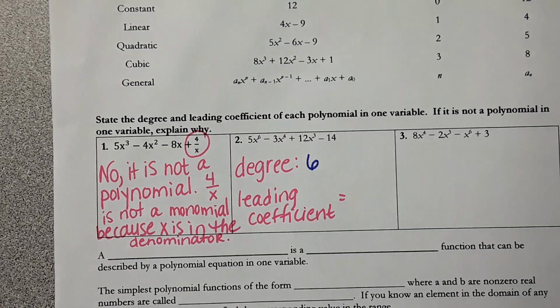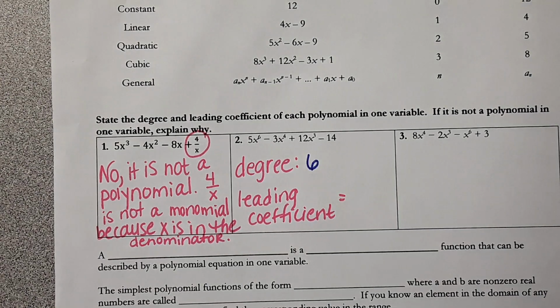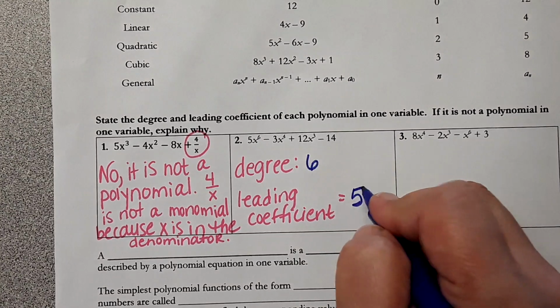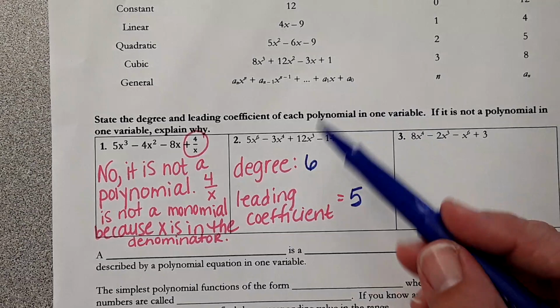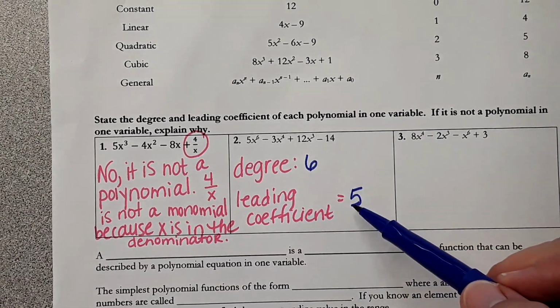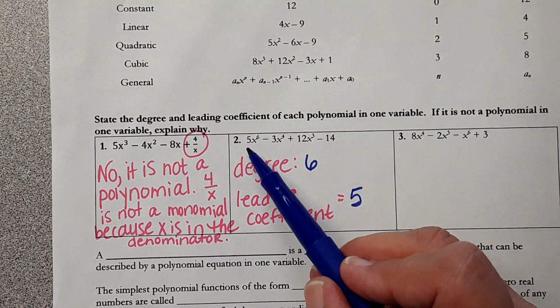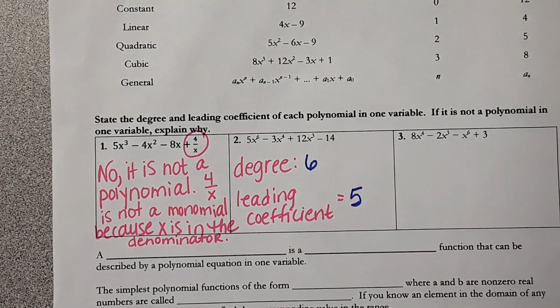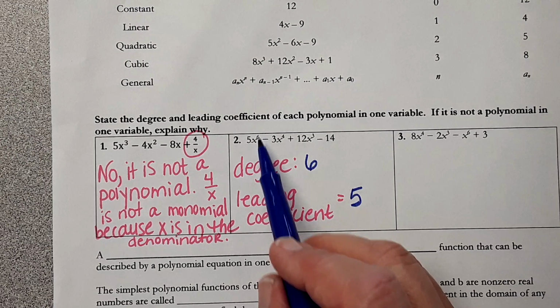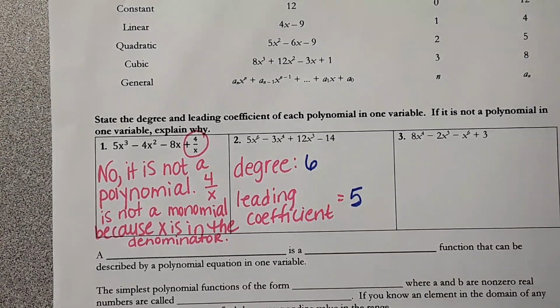And then what is the leading coefficient? It is 5. So the degree is 6 because that's the largest exponent you see. The leading coefficient is 5 because that's in front of the largest variable exponent. So 5x to the 6, x to the 6th is the largest term exponent, and that's why the 5 is the leading coefficient.